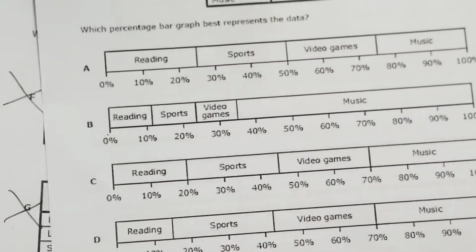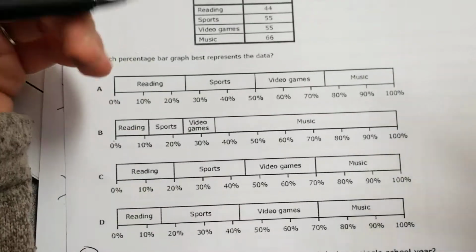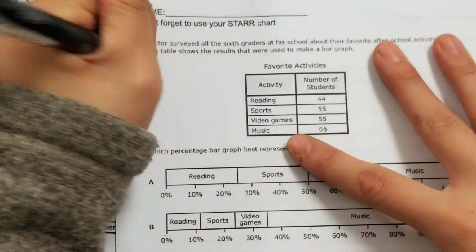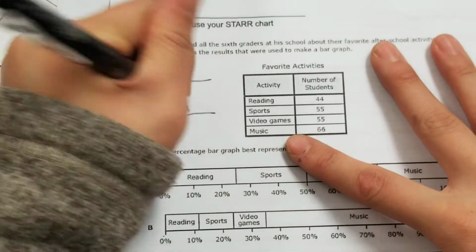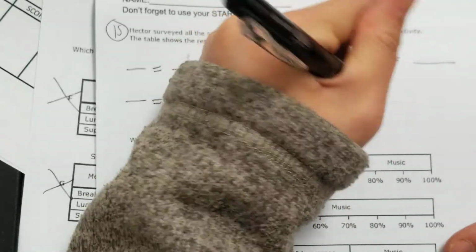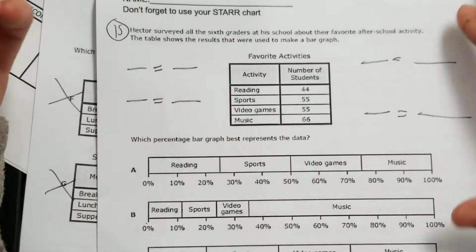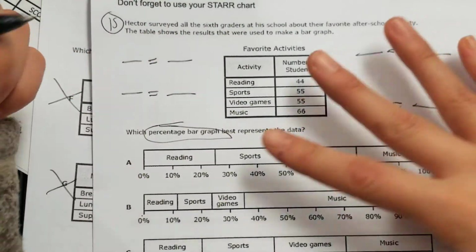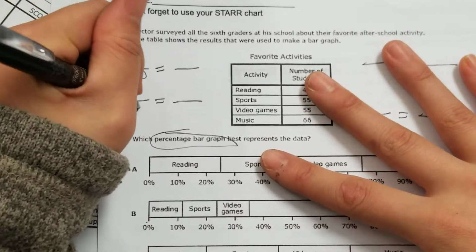Now we have this one. This is the one where kind of eyeballing it will only get you so far. So I'm just going to do it the math way by making percent proportions. The reason why I know it has to be percent proportions is because we're looking for the percent bar graphs and, well, we need percents to do that.